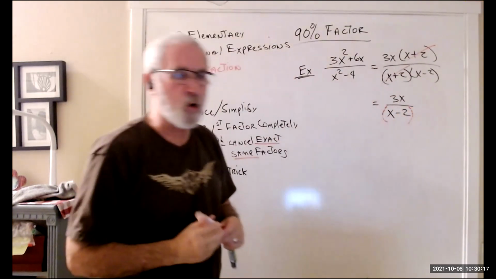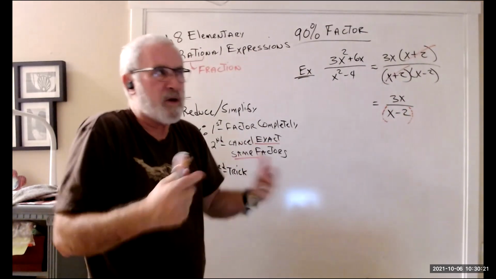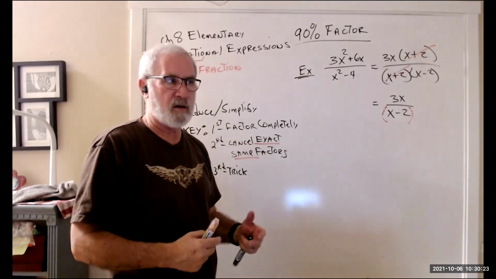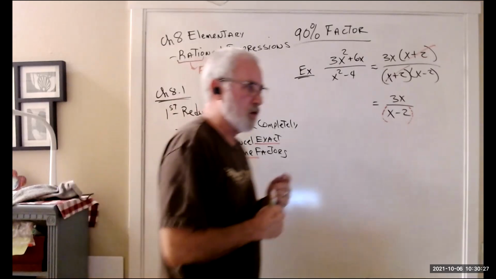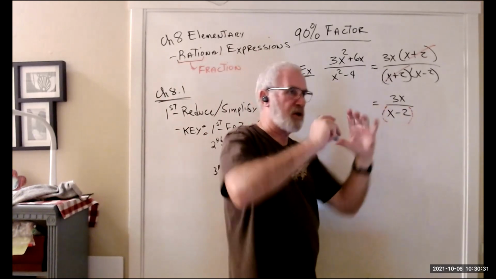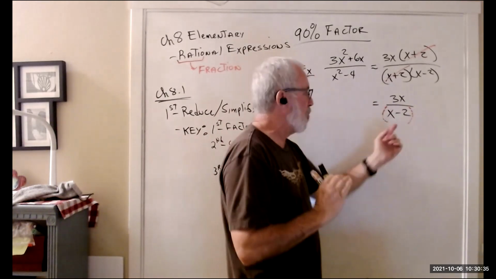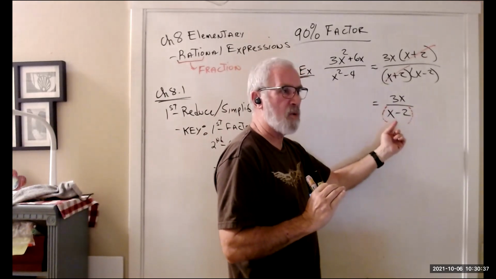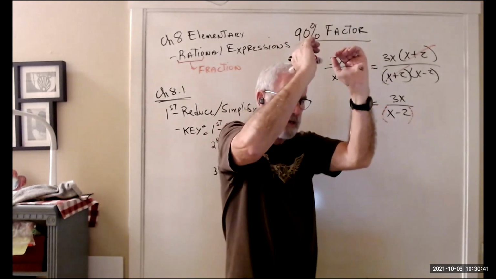It's still a quantity, but a mathematician would tell you, well, we don't need it for anything. But the beginning algebra student must see those invisible parentheses. So they treat this as a quantity. And if you wanted to reduce this any more, x minus 2 would have to cancel with another x minus 2 on top.